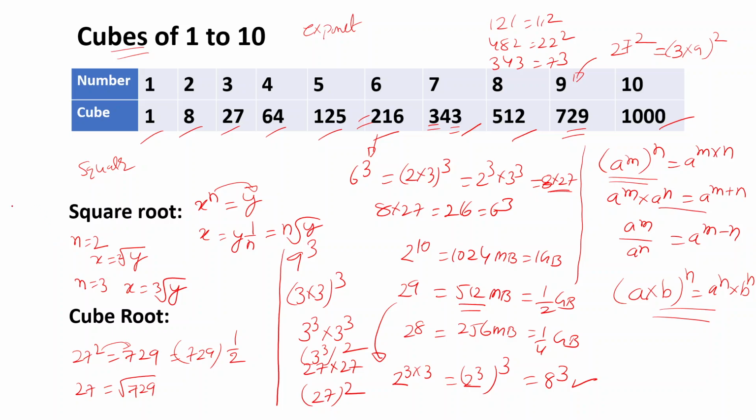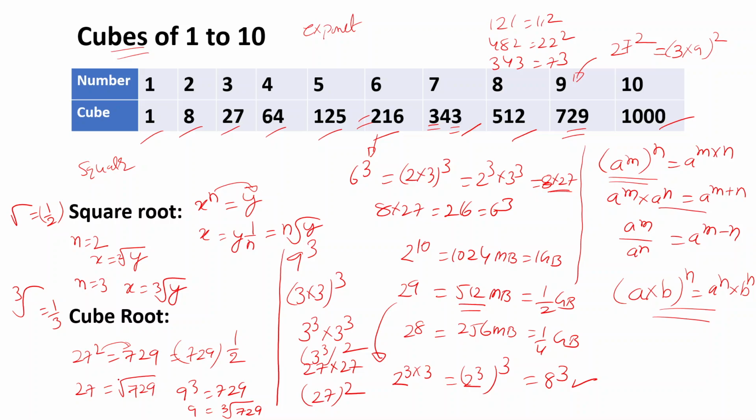Now this cube root I can write in this notation, the power of 1 by 3. Same thing, I can write this 9 cube is equal to 729. Now this 9 is nothing but the cube root of 729.